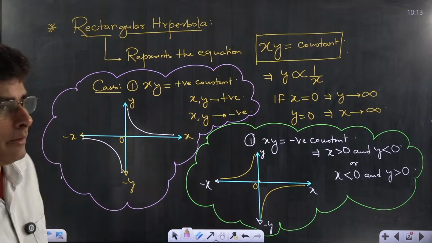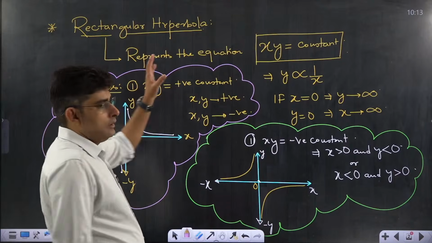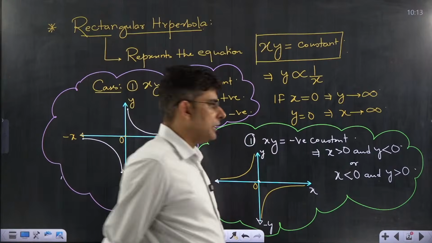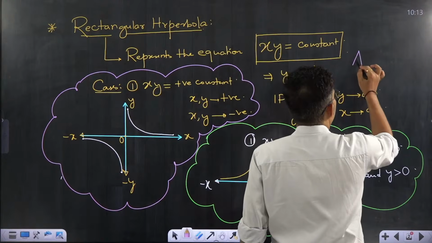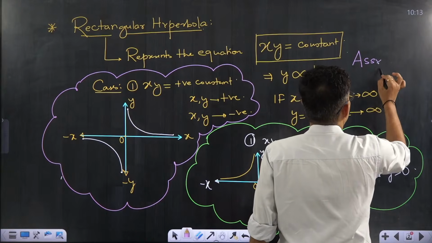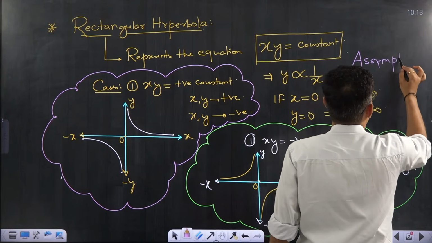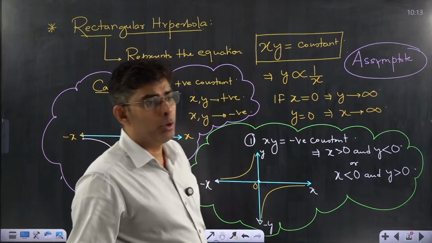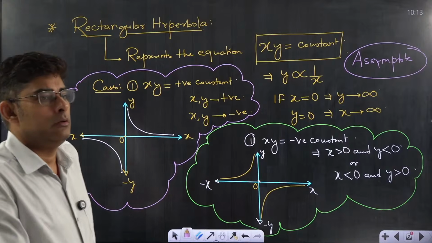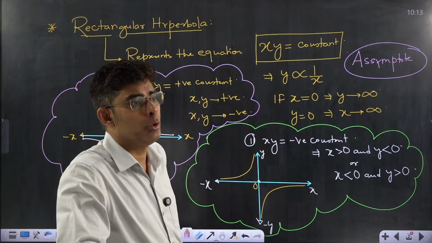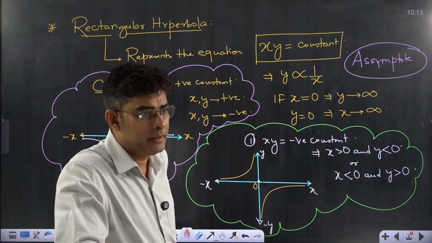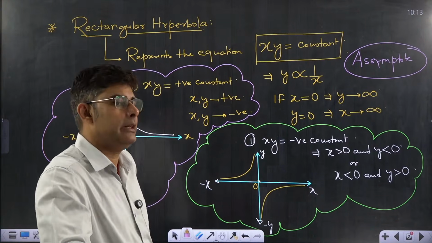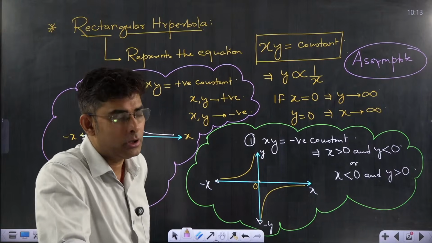Now mind it and remember it. When any curve, you can write this point in your copy, we have a term which is called an asymptote. Now what do you mean by an asymptote? You can write this point presently in your copy, or later while hearing the video you can note it.